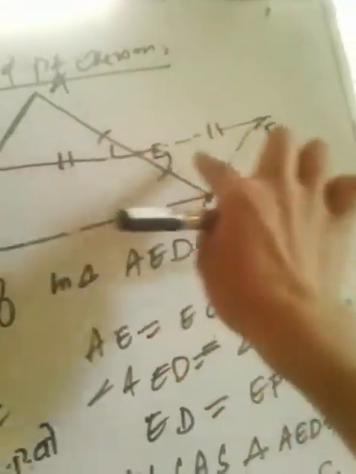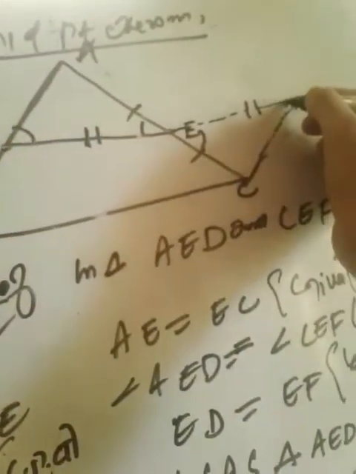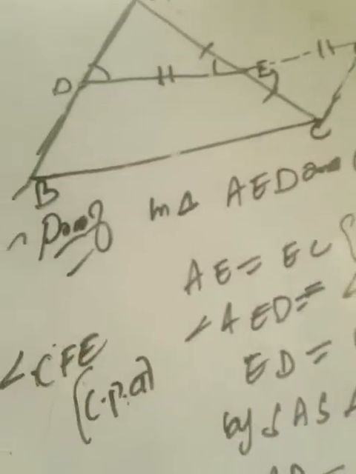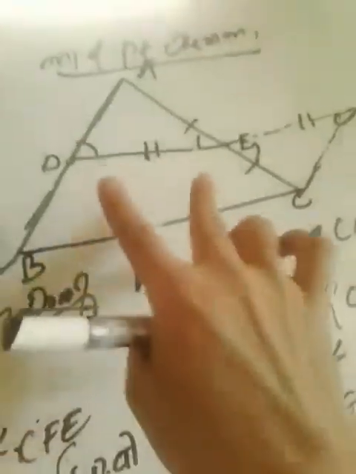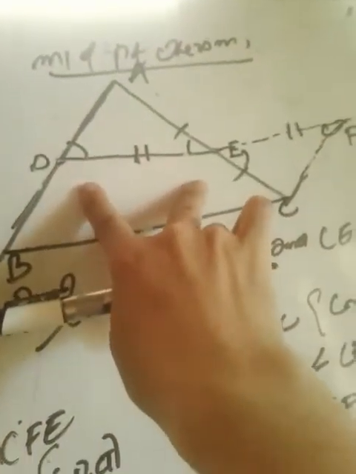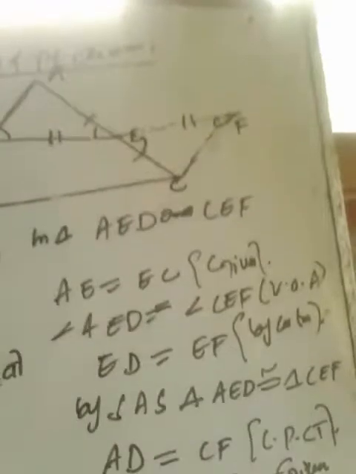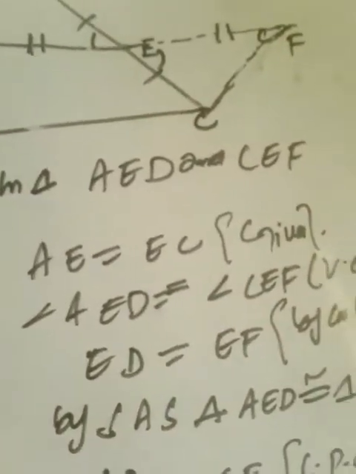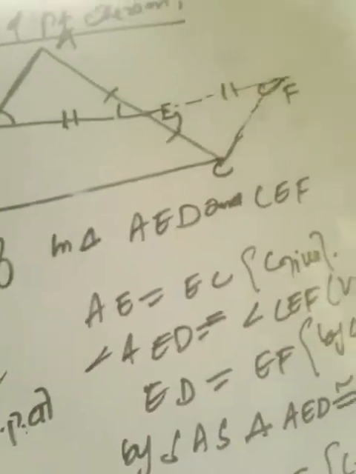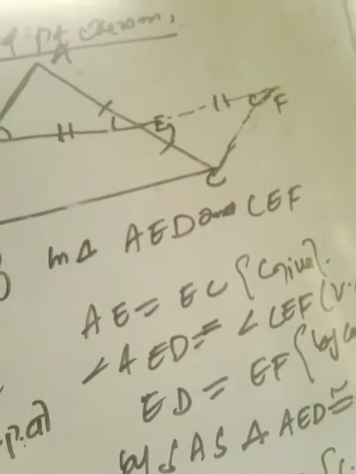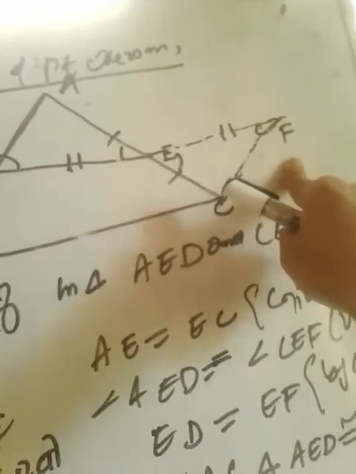Triangle ADE is congruent to triangle CFE, so this angle equals this angle. If you look clearly, consider AD and FC, with DF as a transversal.